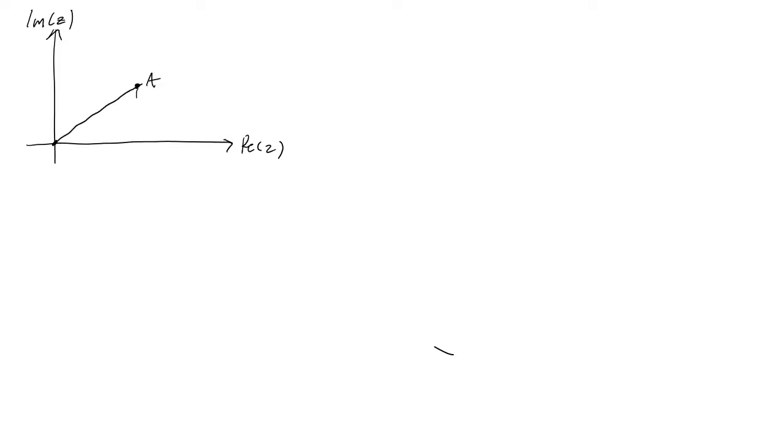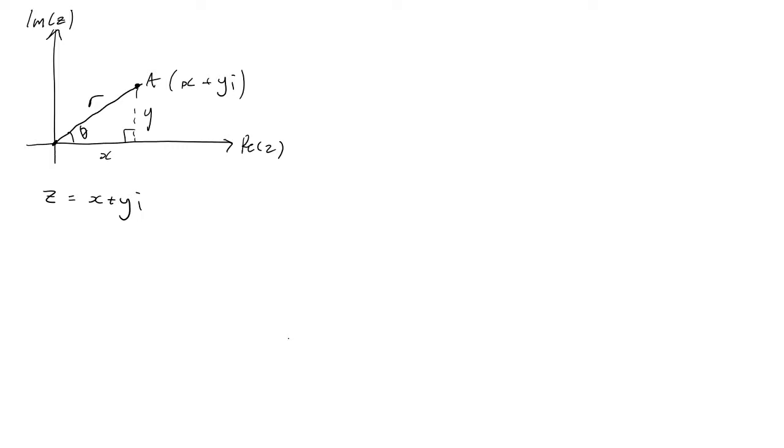So put a perpendicular line. That would be the distance y. That would be x. That will be r. And that point A is x plus yi. And that's theta. And our complex number z is x plus yi.